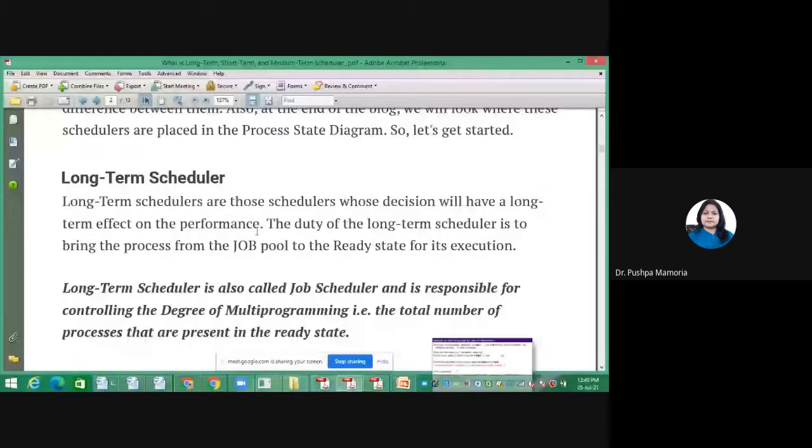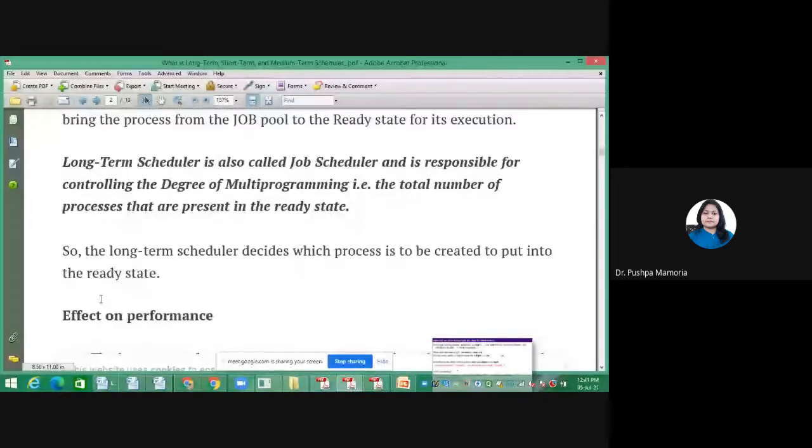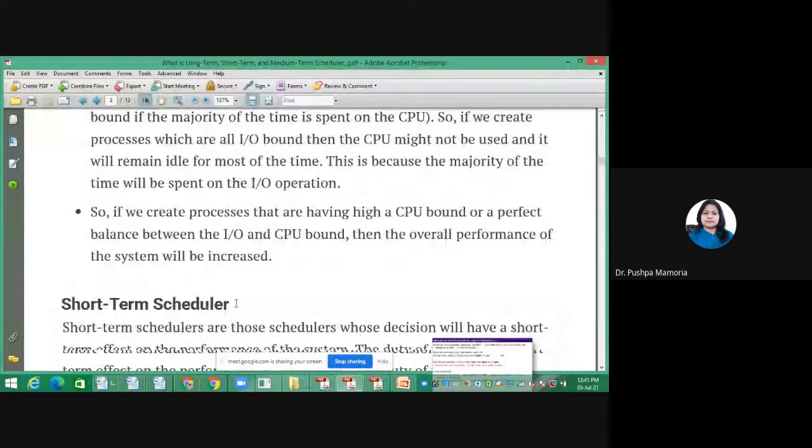As you have already seen, it selects processes from the job pool and loads them into the memory. They are saying it is also called the job scheduler and is responsible for controlling the degree of multiprogramming, that is, the total number of processes present in the ready queue. Clear? So the long-term scheduler decides which processes are to be created and put into the ready state. So this is the long-term scheduler.